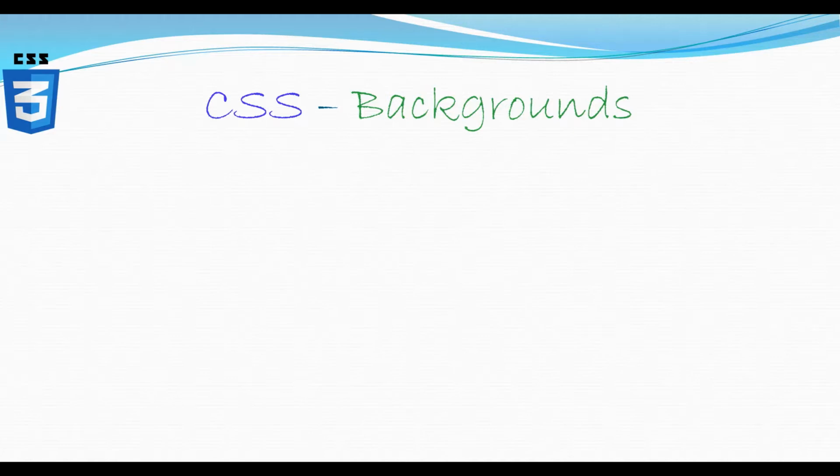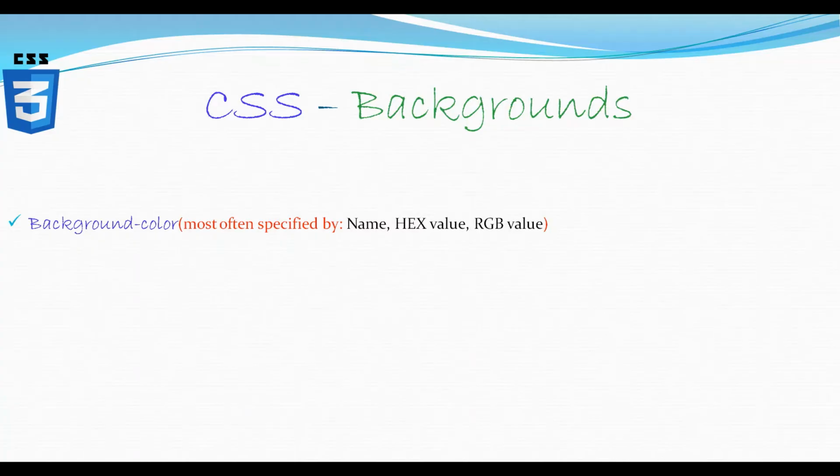So our first slide is for background color. Background color is most often specified by the name, like green, black, yellow, or hexadecimal values, which starts with hashtag and then a bunch of characters.